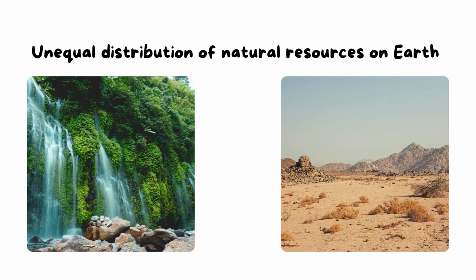Here we have two environments: one that has a large amount of water and plants, and the other which has only a small amount of water and plants, which are natural resources. So this is one of the factors that affect sustainability: the unequal distribution of natural resources on Earth.